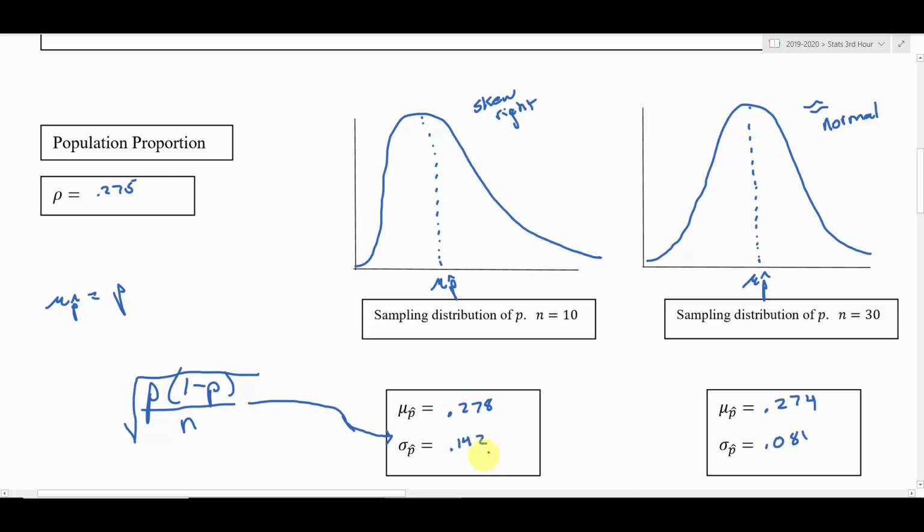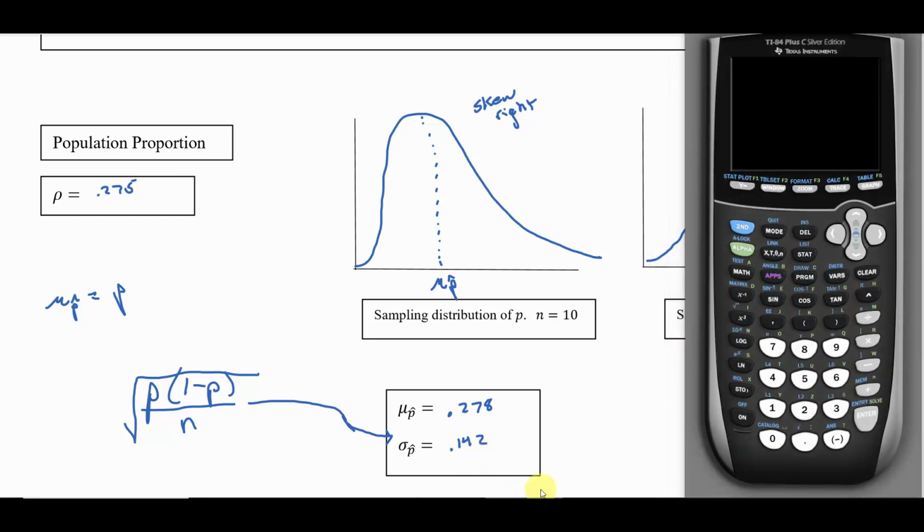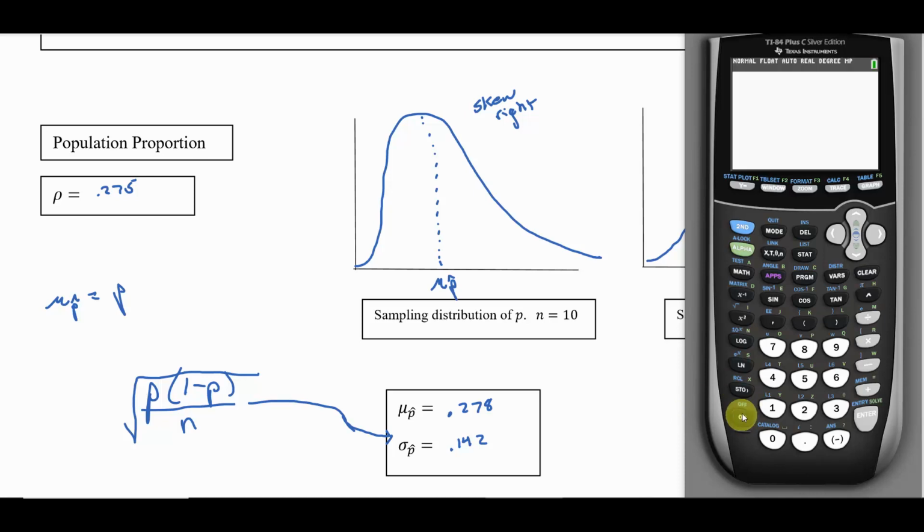All right, so let's give that a try real quick. I'm going to bring up my calculator here, and we're going to see if we get something close to 0.142. There we go. All right, so p is 0.275. I'll do the square root at the end. 0.275, and then in parentheses, 1 minus 0.275.